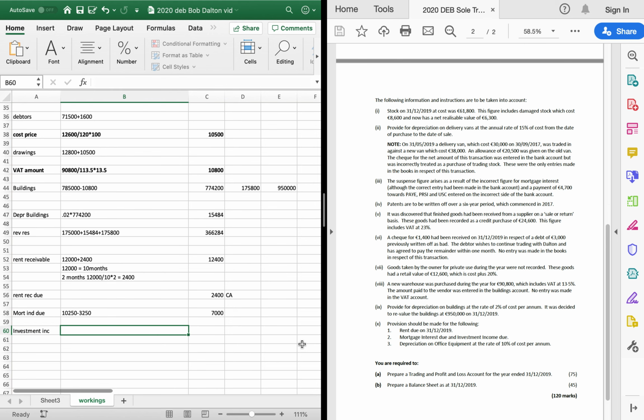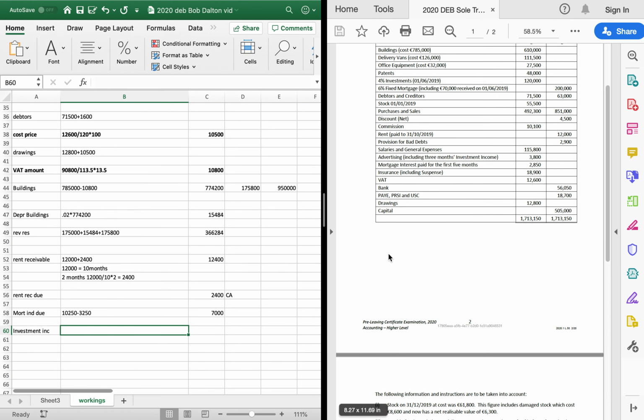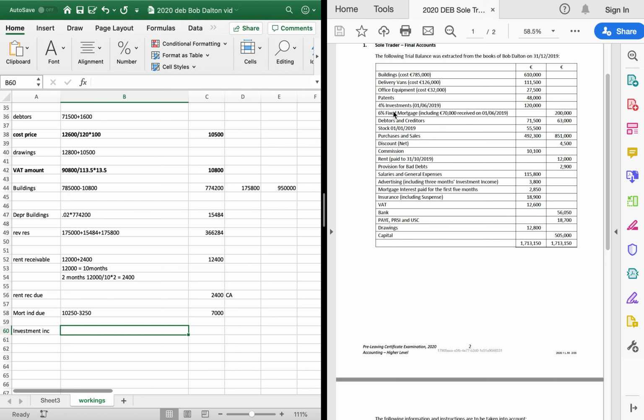So the investment income is 4% investment, so 4% of 120. And you got the investments on the 1st of the 6th. So you didn't have them for the first 5 months of the year, so you had them for the last 7. So it's by 7 12ths.